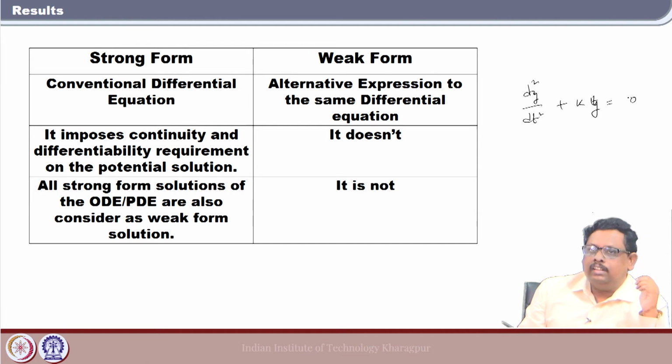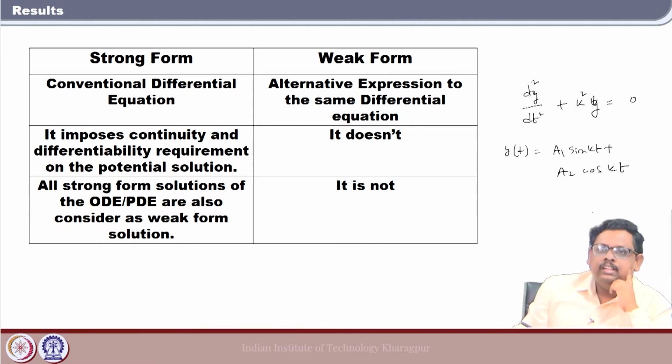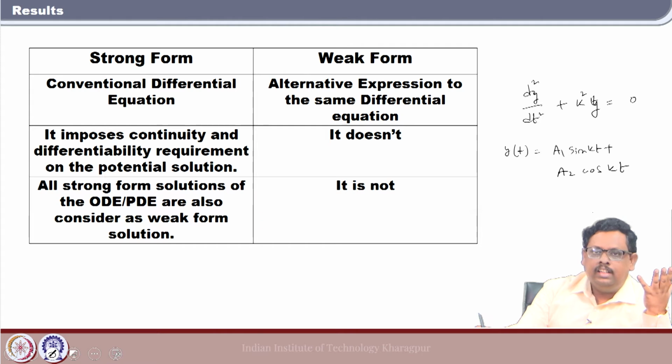Now I try to solve it. You know that the solution is some a1 sin k t plus a2 cos k t. So this is the solution for this particular problem. Here one can say that continuity and differentiability, everything, is preserved.